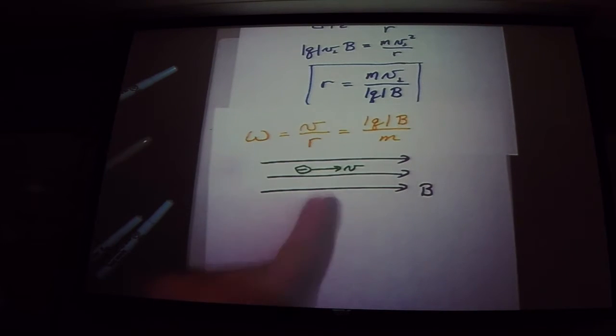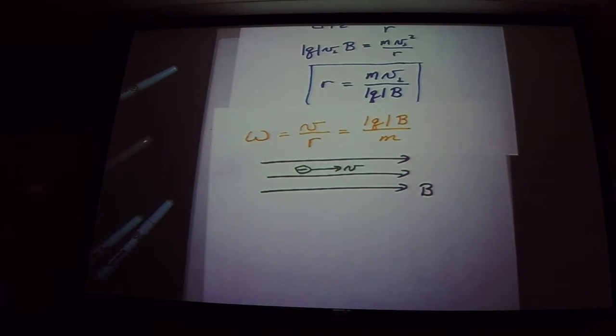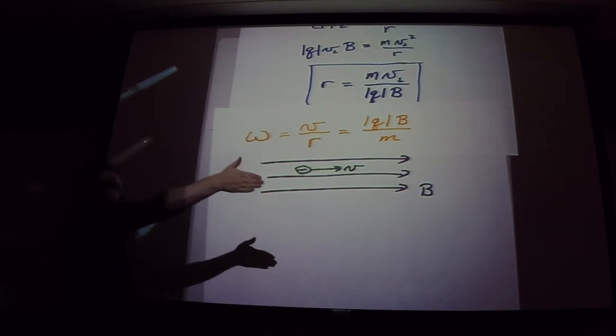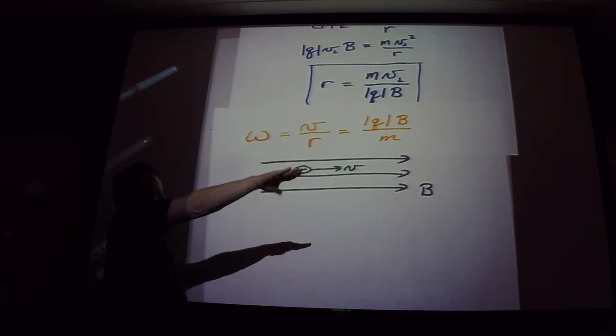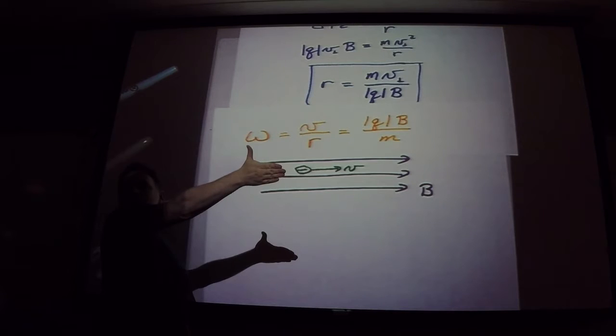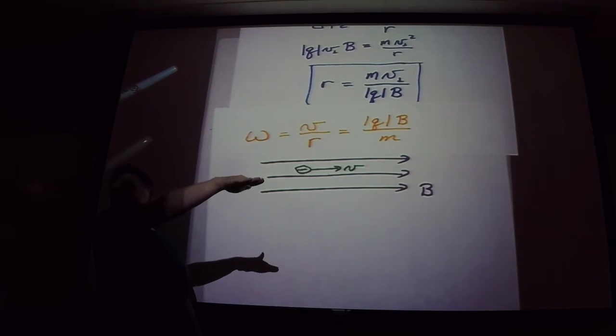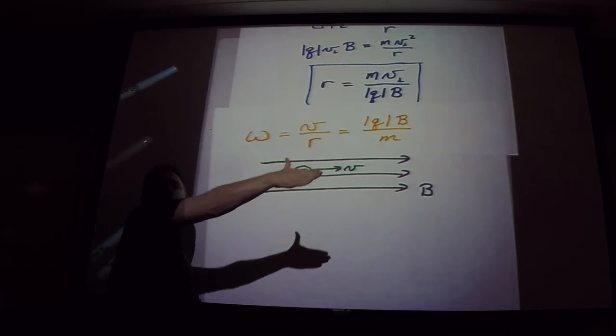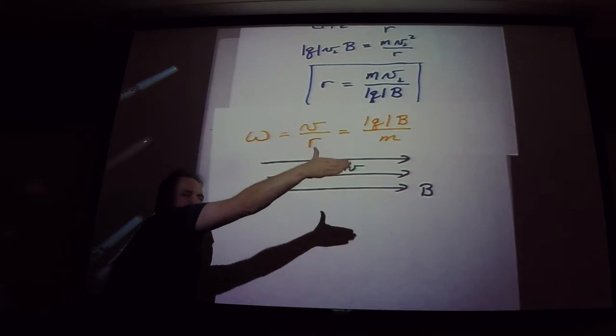If it's going the opposite direction, you can't bend your hand to do it. And if it's going in the same direction, no matter if I try to turn my fingers, I'm always going to point along the magnetic field. It's not working.